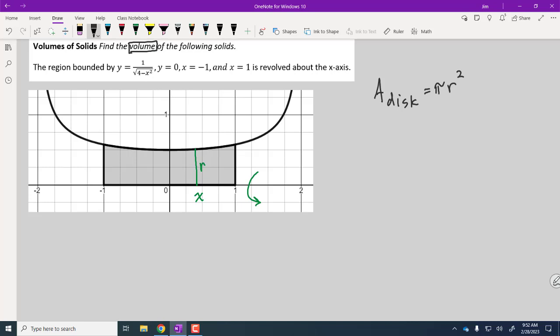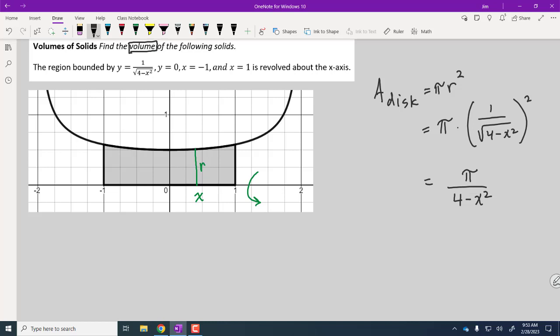So that distance from the axis of rotation up to the curve, that's what the function measures. So we're going to take our function and square it. So the area of our disk is that. That is the area of our disk.